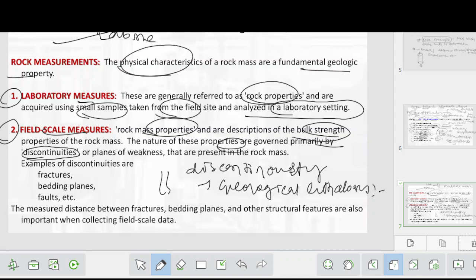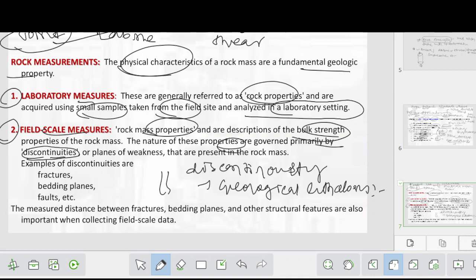Discontinuity is a break. Not exactly a break, you can say it is a plane of weakness, you can call it a fracture, a joint. In rock mechanics and in any type of engineering work, joint is specially used. You can also say cleavage, and shear zone, right. So these are the discontinuities, or planes of weakness.